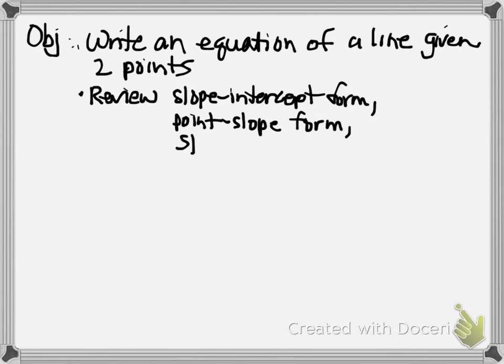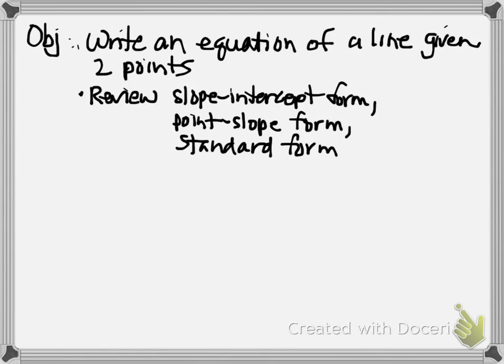And standard form. Now, I'll be honest with you. Our book does not emphasize standard form at all. So it does not ever ask you to do it. However, your review homework and your tests will require you to give the answer in different forms. Sometimes it'll ask you to give it in all three forms: point slope, slope intercept, and standard form.